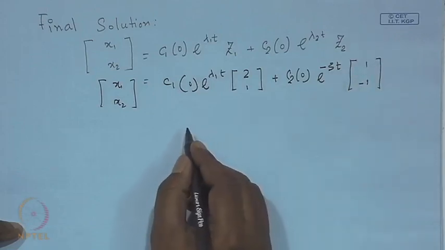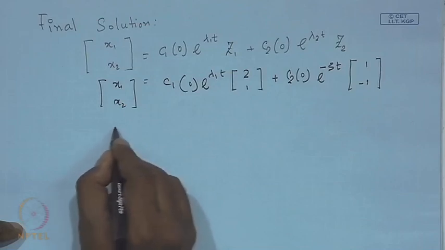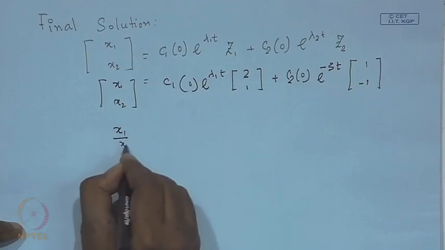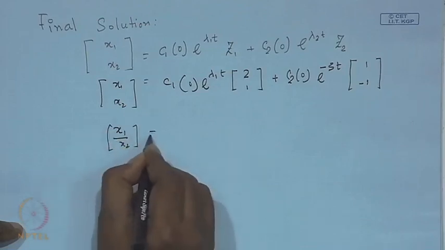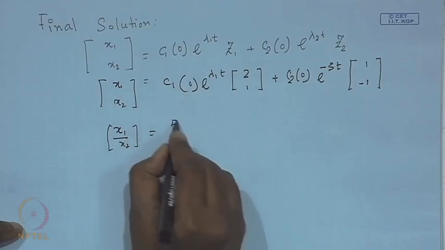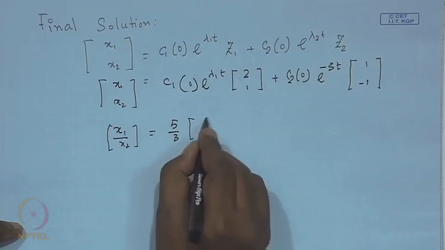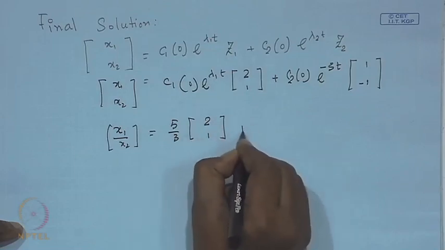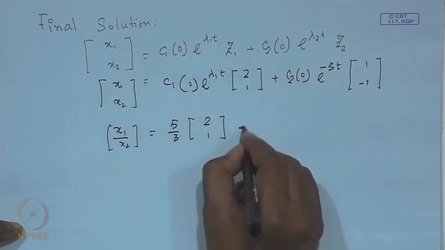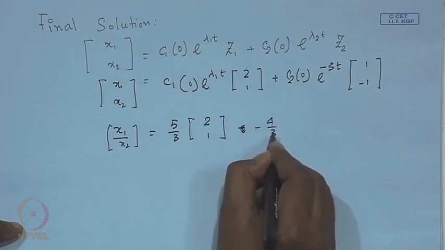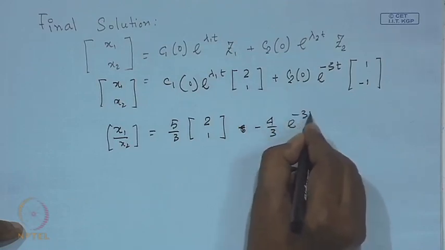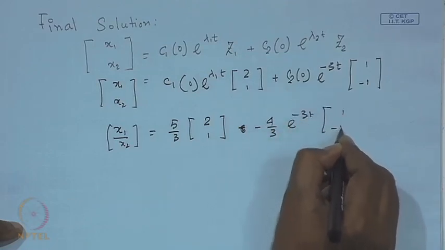Putting in the value of C1 as 5 by 3, with lambda 1 equal to 0, it will be 1, and this will be 2 1, plus C2, which is minus 4 by 3, e to the power minus 3 t, times 1 and minus 1.